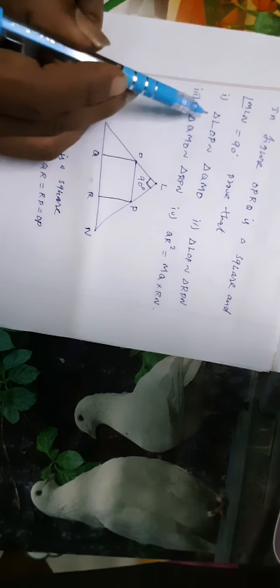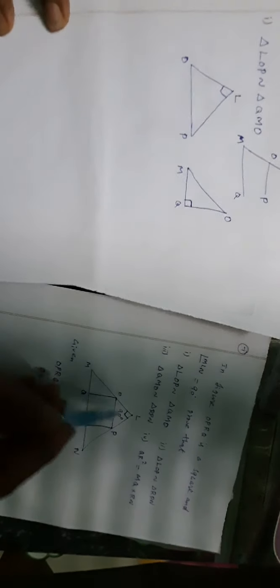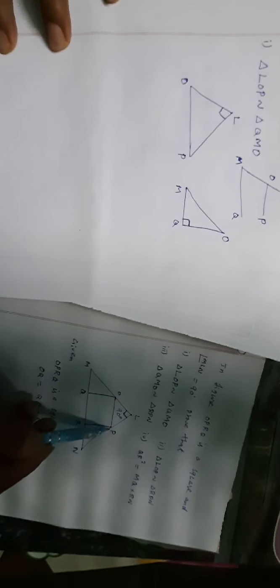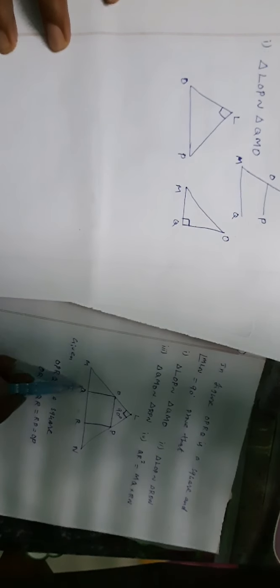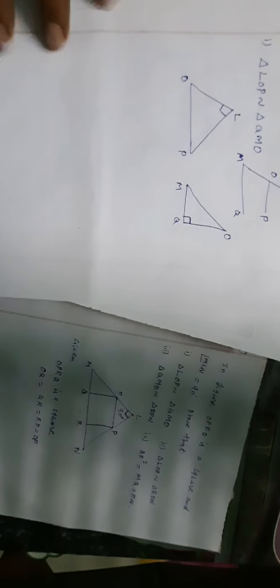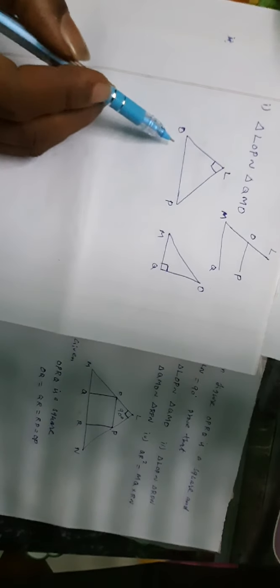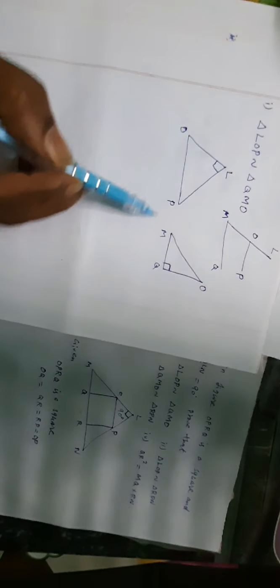Triangle LOP is similar to triangle QMO. So I take the two triangles, first LOP, and then second QMO.